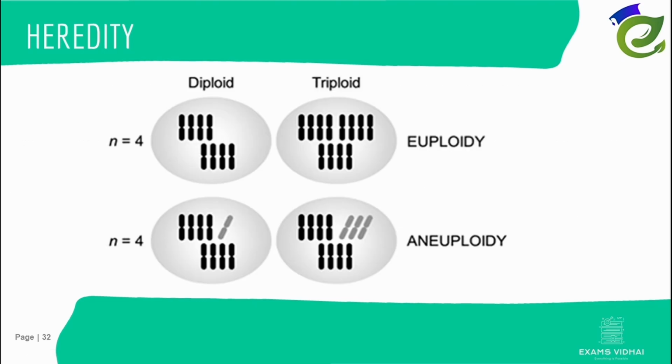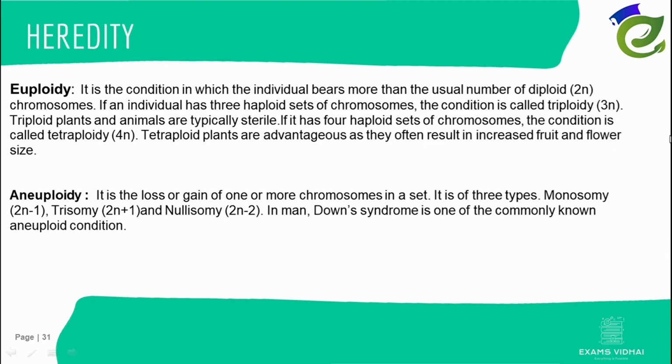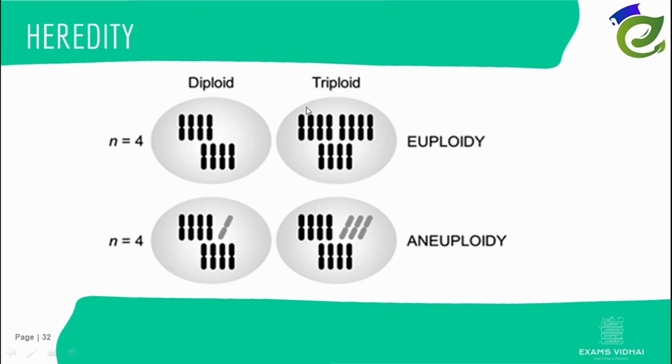Now check out this diagram. First, diploid. Check this out: 1, 2, 3, 4, 5, 6, 7, 8. So it's 2n. Here 1, 2, 3, 4, 5, 6, 7, 8, 9, 10, 11, 12. So it's triploid, 3n, so you have three times n. And here it's two times n, 2n, so it's diploid.